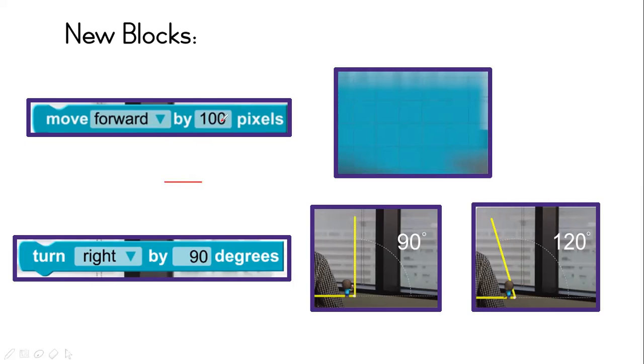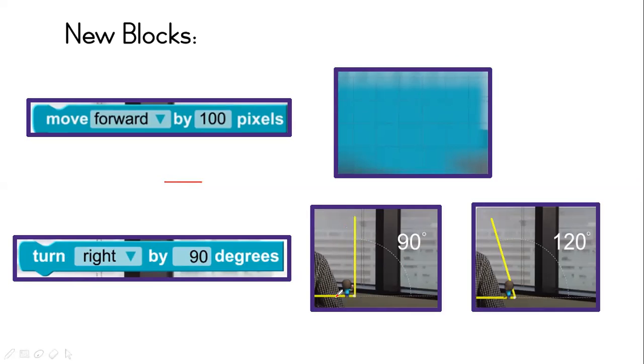So if you tell it to move forward by 100 pixels, it's going to make a line like this. Now you can also tell it to turn right by 90 degrees. Now if we have to draw a square, don't worry if this looks difficult to you now. I'm just explaining. In the puzzle you'll see they help you very nicely, and you will understand it very quickly. But if you need to turn right and we say 90 degrees, this is a 90-degree angle here.